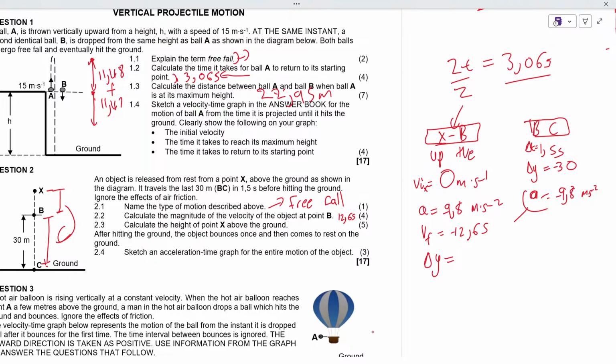We can use the equation which says Vf squared equals Vi squared plus 2a delta Y. So now let's just substitute.